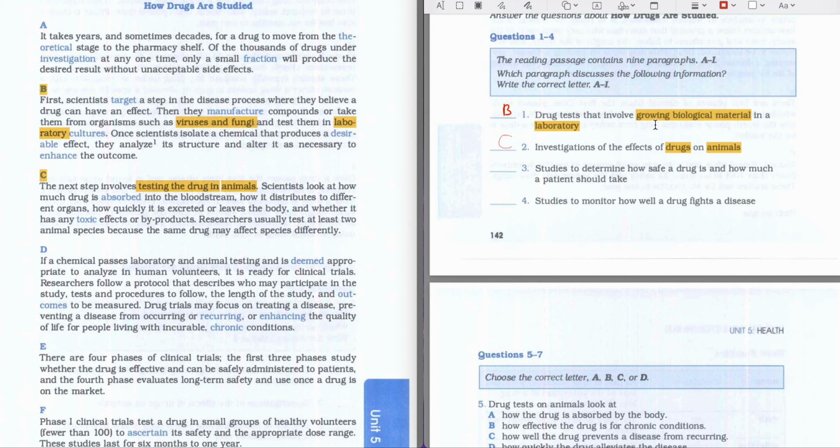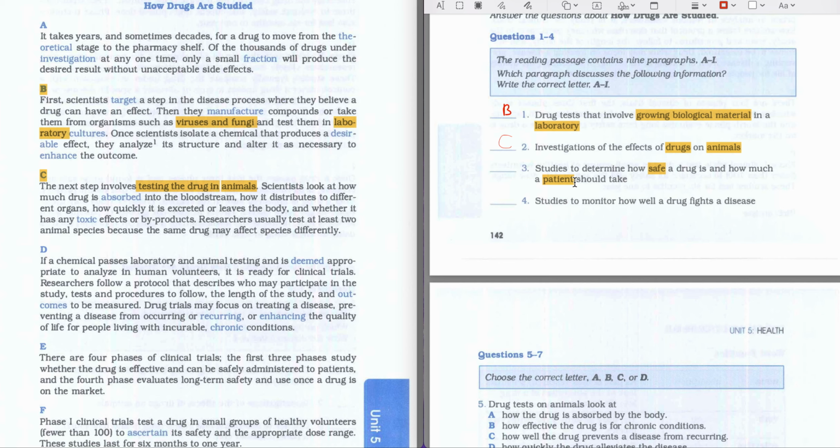So let's go further. Third one, studies to determine how safe a drug is and how much a patient should take. So about the safety of these drugs, and about the patients, how much patients should take of it.